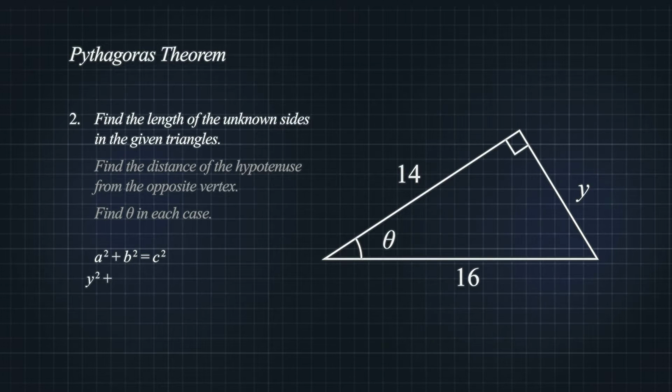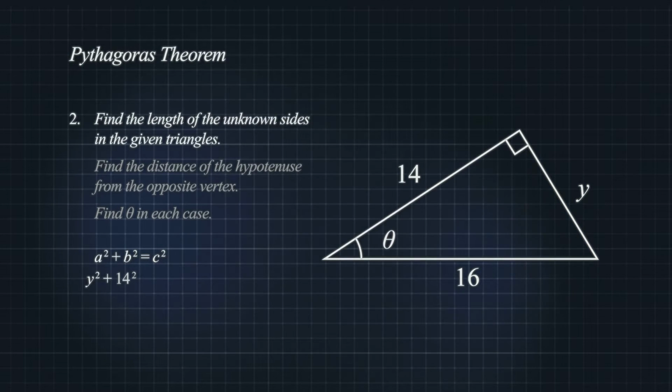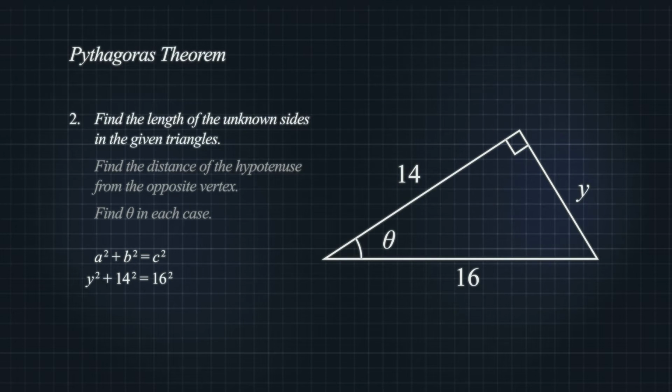Instead of b to the second power, we write 14 to the second power. The value of the hypotenuse, which in this case is 16, is written in place of c. Remember that the square of the hypotenuse equals the sum of the squares of the other 2 sides. This is why you must pay special attention to the hypotenuse, whether it is the unknown side or not.